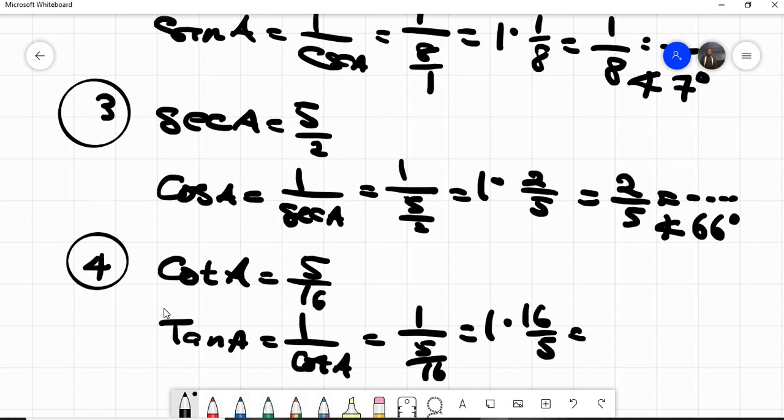We must flip, and 1 times 16 is 16 over 5.